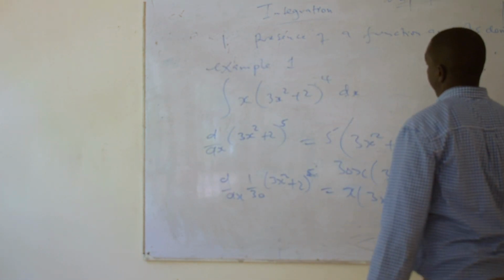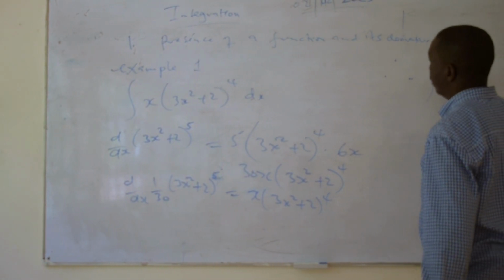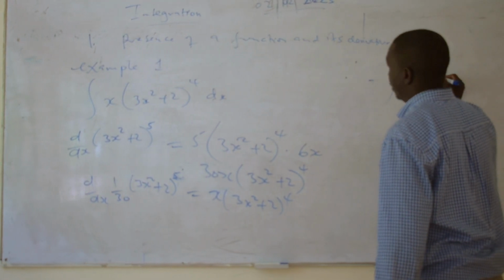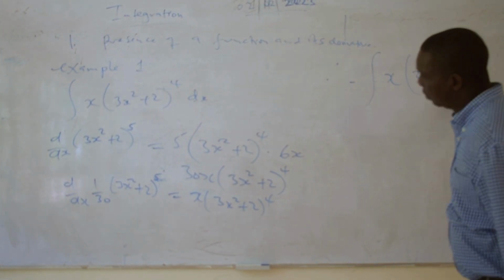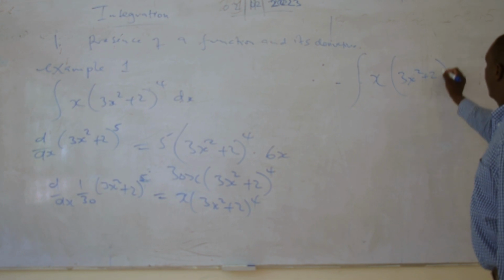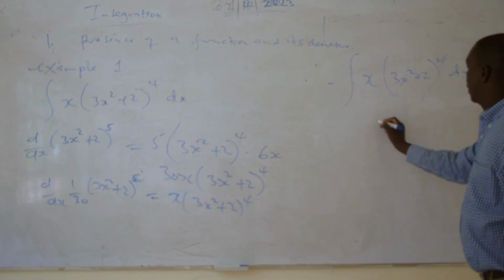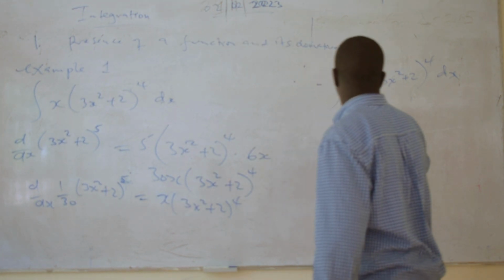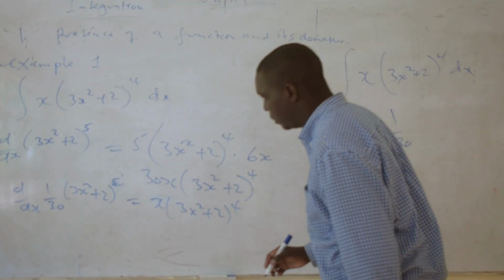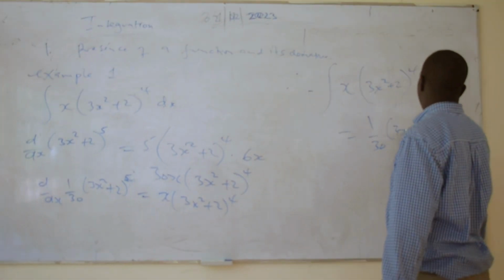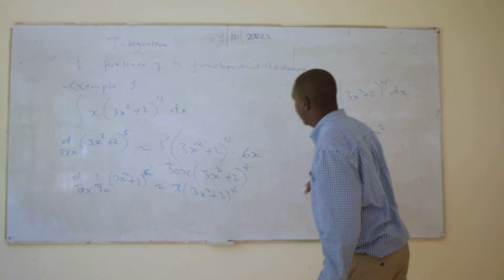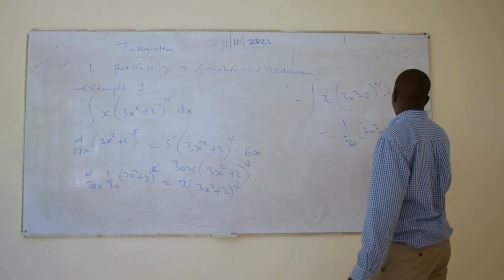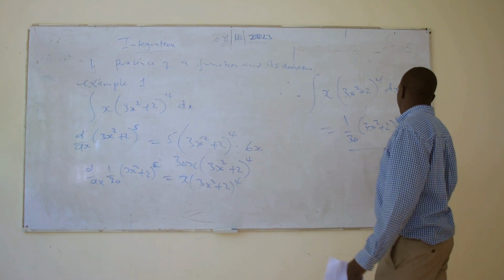Therefore the integral of x (3x squared plus 2) raised to the power 4 dx is equal to 1/30 (3x squared plus 2) raised to the power 5 plus c.